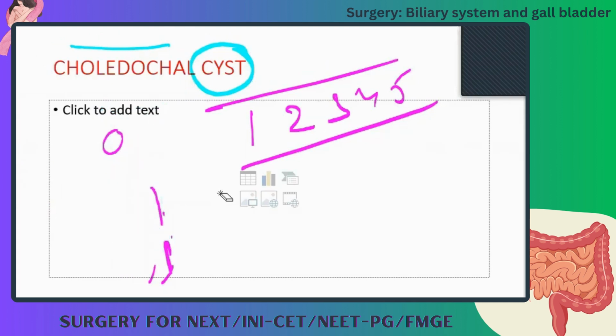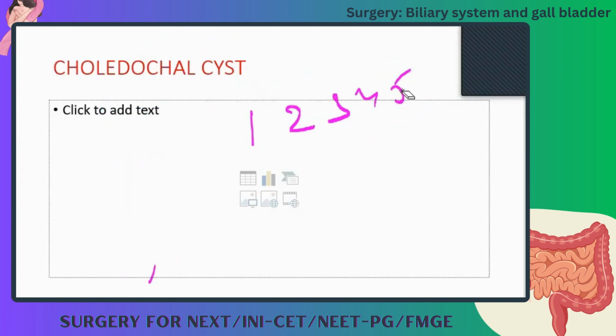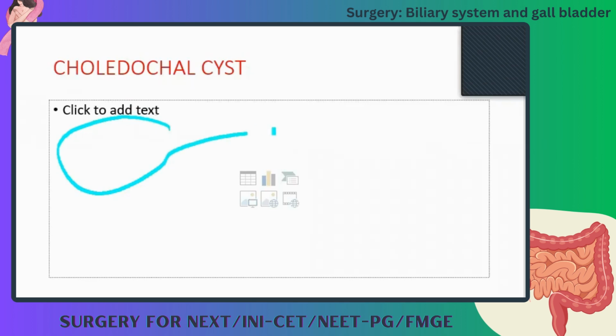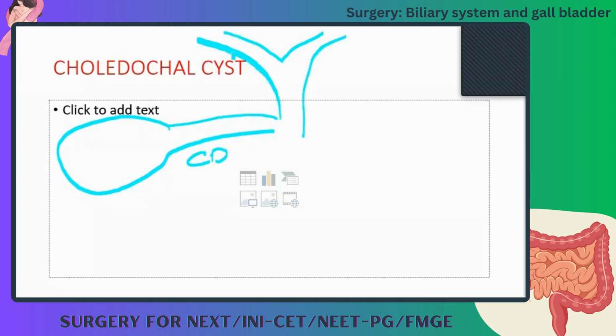I will just draw here. So basically, you should know what is normal anatomy. This is the gallbladder. What is this coming? Tell with me, what is this? Cystic duct. All of you, what is this?